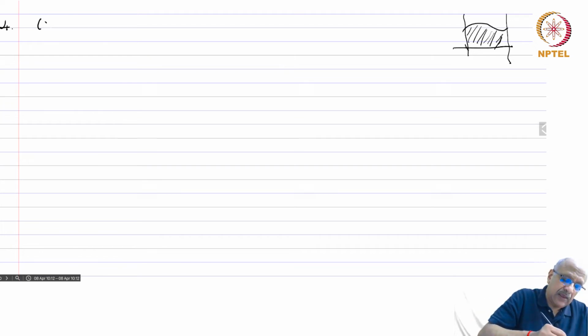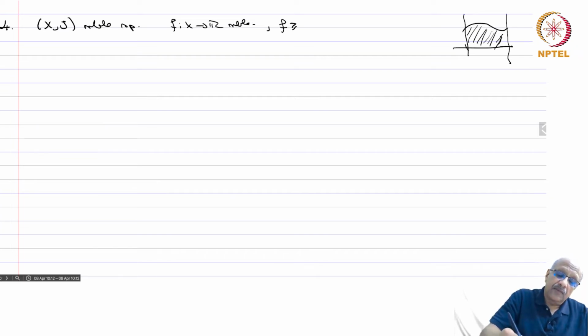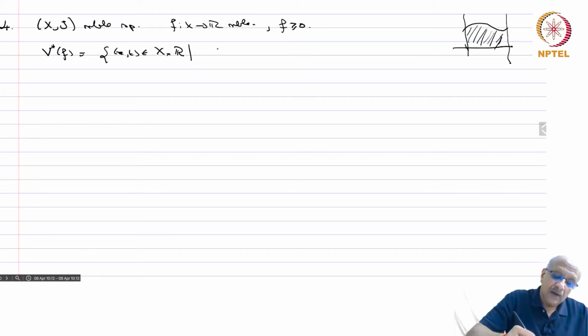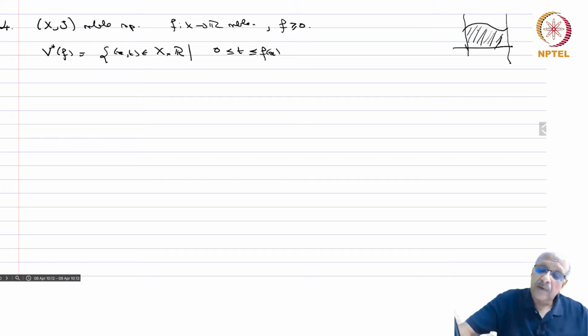Okay, so (X, S) is a measurable space, f: X to R measurable and non-negative. You define V^* f equal to the set of all (x,t) in X cross R such that 0 less than or equal to t less than or equal to f(x). So we are precisely defining this area, and we are including these two portions.